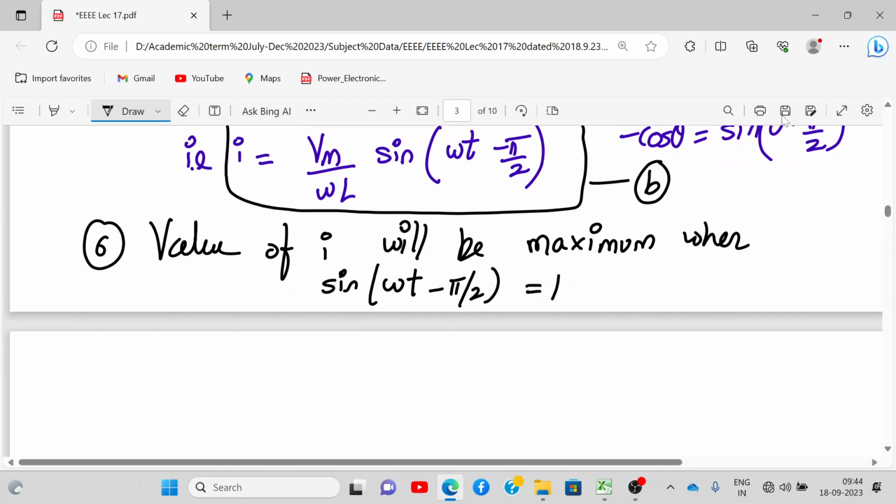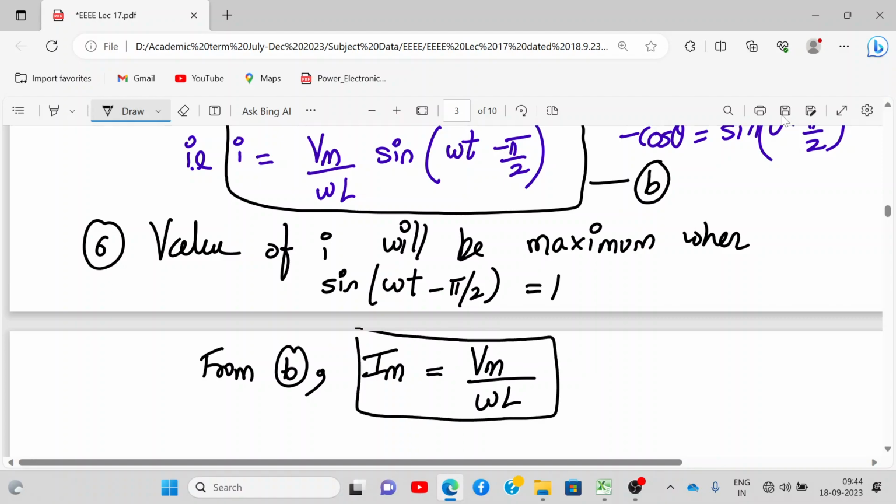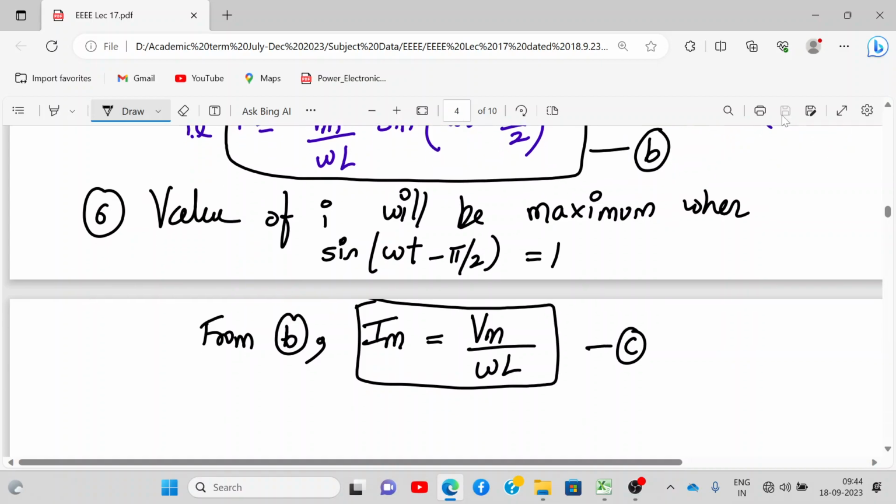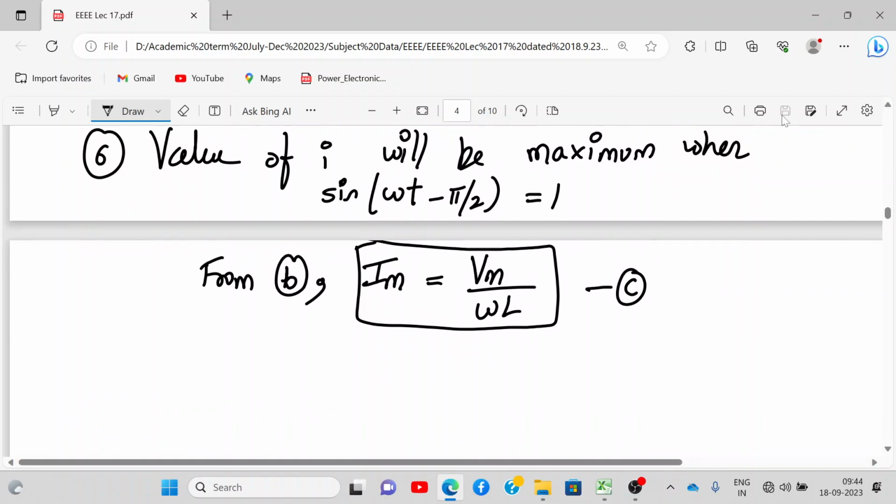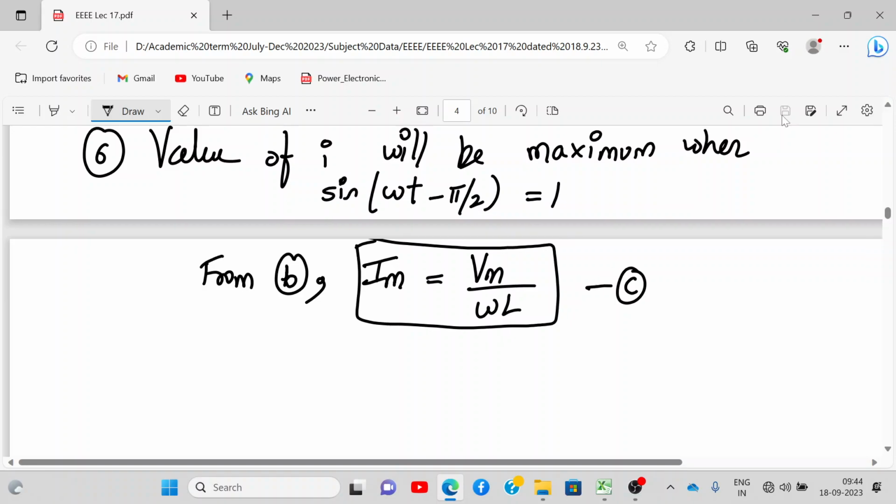So that means, from equation B, what will Im be? Im is Vm upon omega L. Call it equation number C.